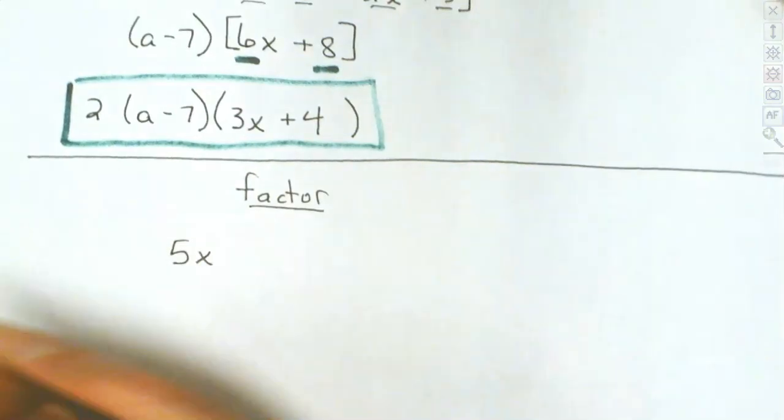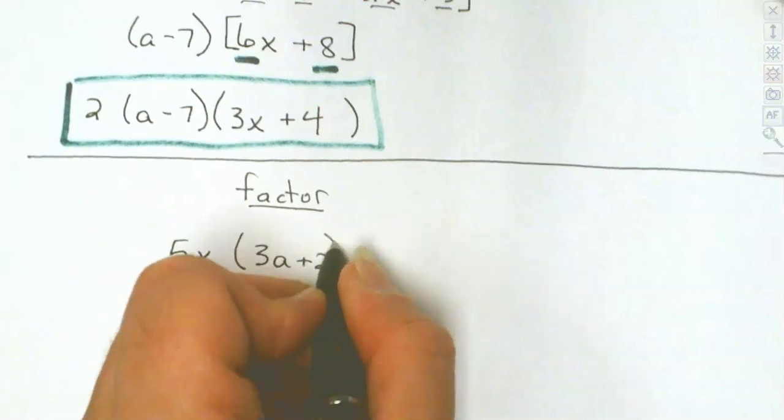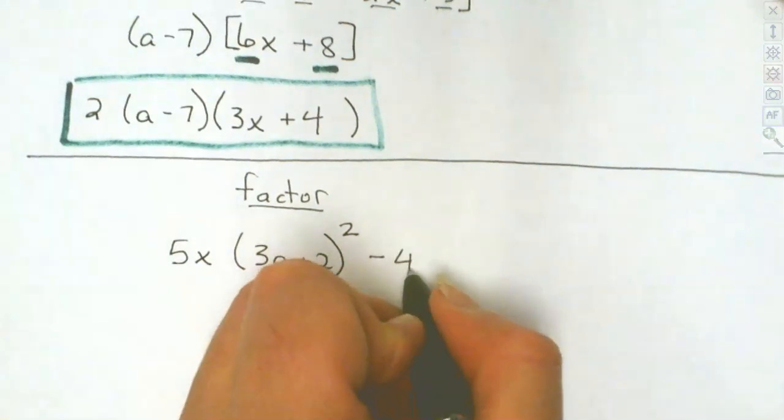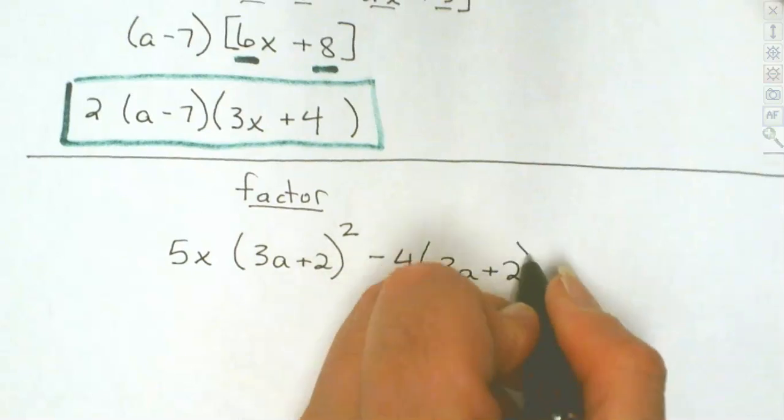We have 5x times 3a plus 2, quantity squared, minus 4 times 3a plus 2 here.